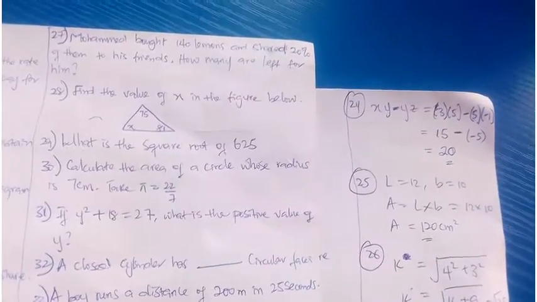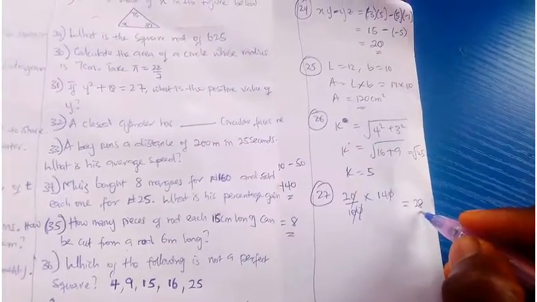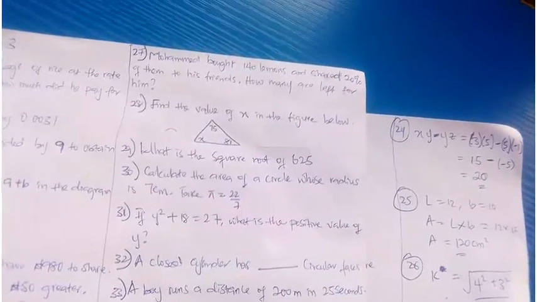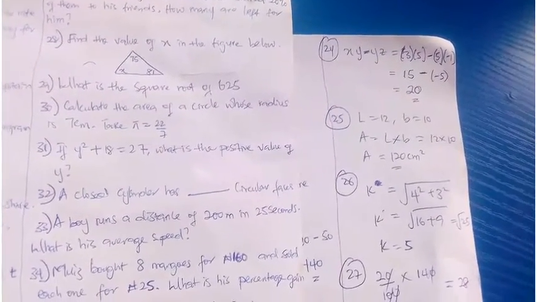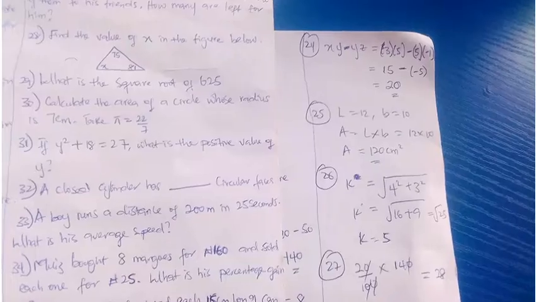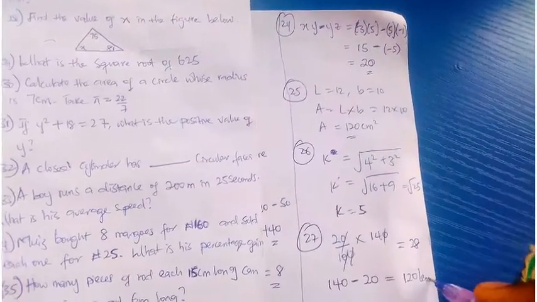They now ask how many are left for him. He shared 28 lemons with his friends from 140, which means what is left with him is 140 minus 28, so he is still left with 112 lemons.